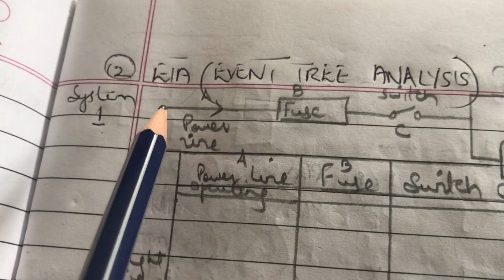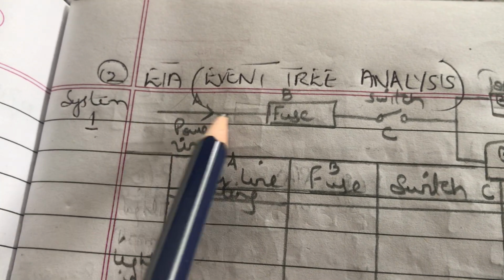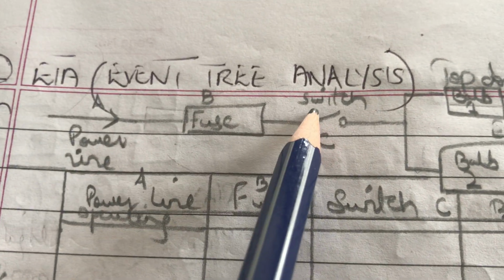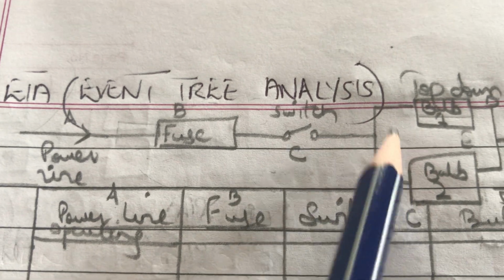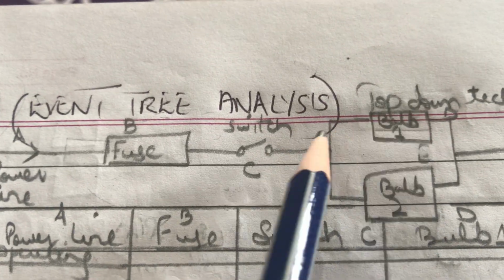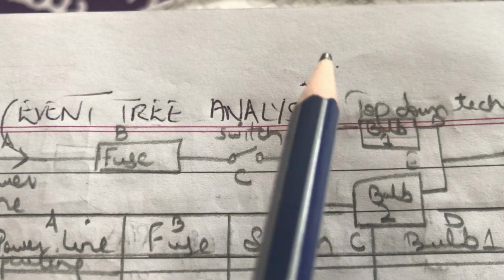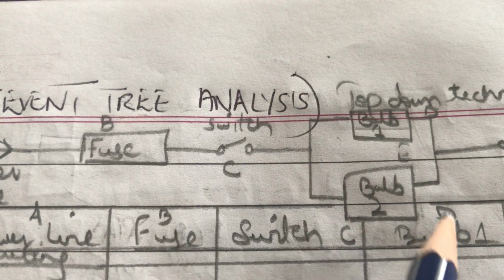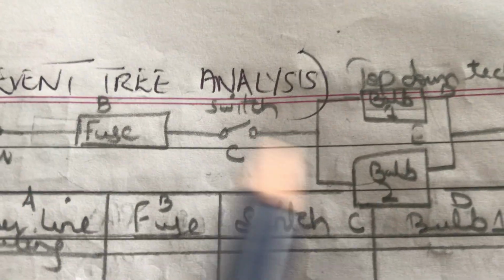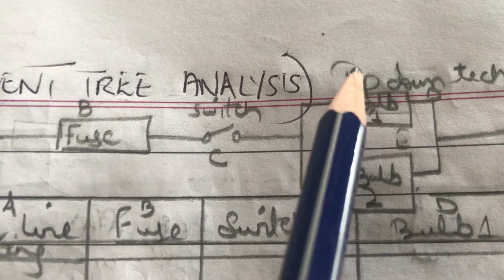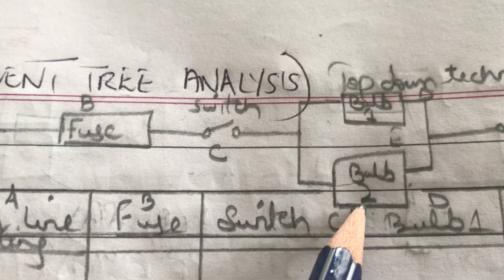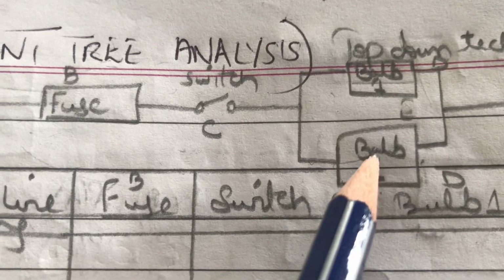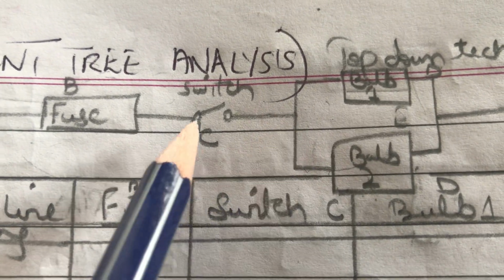We have a power line connected to our fuse, which is connected to our switch. By connecting, it lights our bulb 1 and our bulb 2. Suppose we have a room in which two bulbs are present, and those bulbs are getting power from a switch.